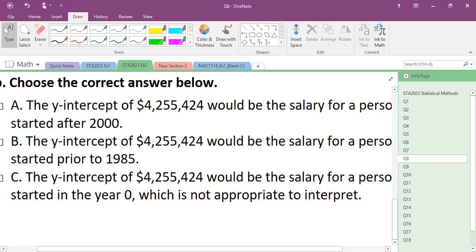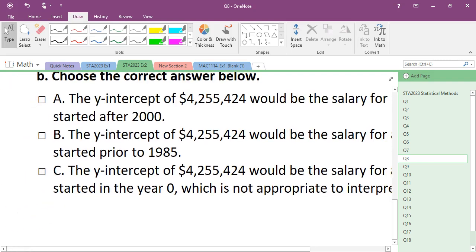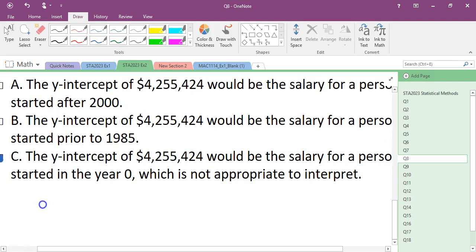Or C, the y-intercept 4 million would be a salary for a person starting in year 0, which is not appropriate to interpret. Yeah, definitely C. Because at year 0, not working at all, my salary is $4,255,424. I wish. But yeah, that doesn't make any sense.